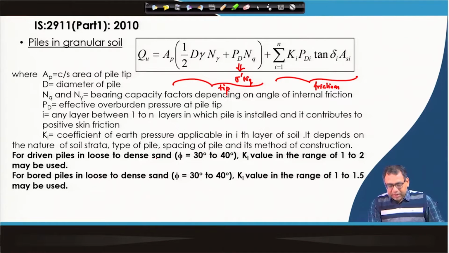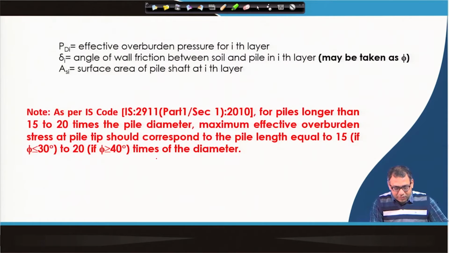So, here K value is given for bored pile and driven pile separately, but in previous cases we determined the values for the driven pile, then by the given recommendation you have to use it for the bored pile. So, this is the equation as per IS code.